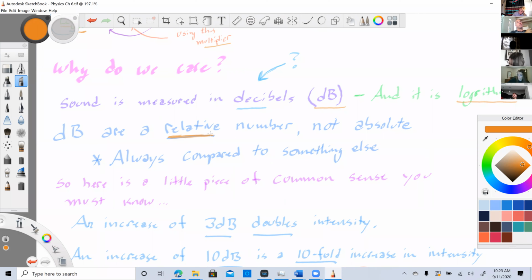You see the old time stereo systems, they'd have a dB for decibels. And it just seemed like, well, 60 decibels, that's where you want to be, because it's really loud. But when I say it's relative, it's always compared to something else.